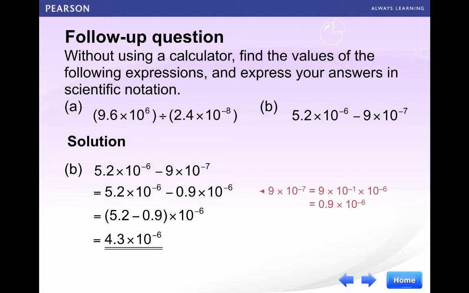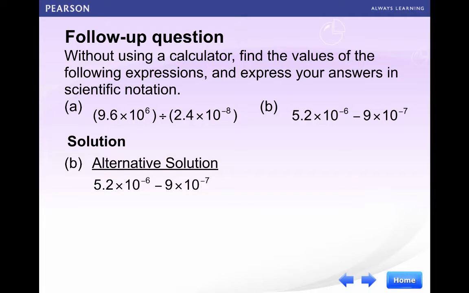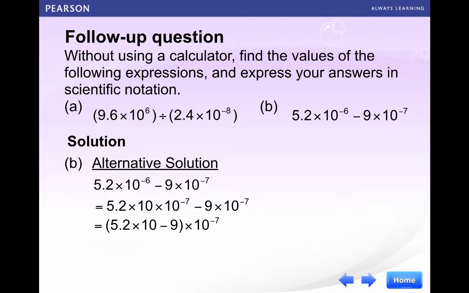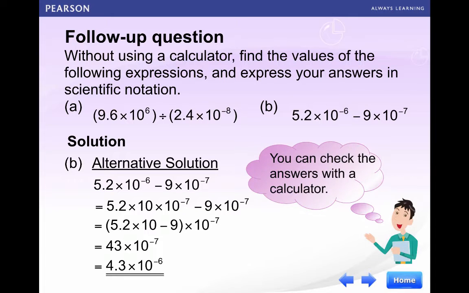The final answer is 4.3 times 10 to the power negative 6. Of course, you can use the alternative method, but I will not talk about it here. By using the calculator, you can check whether the answer is correct or not.